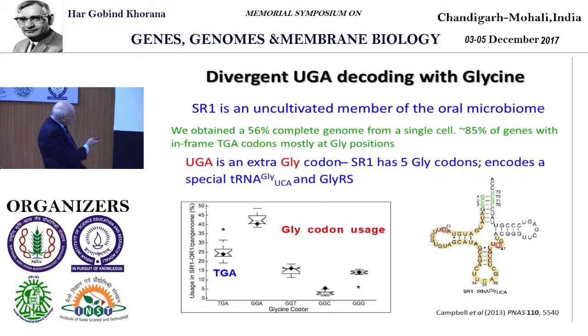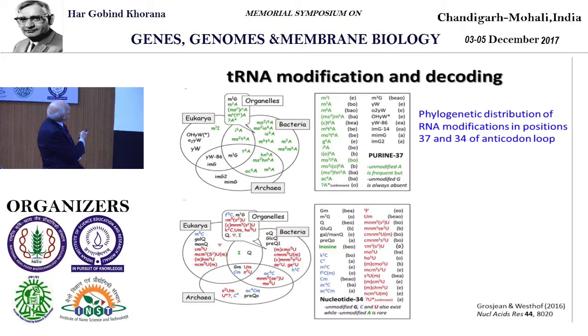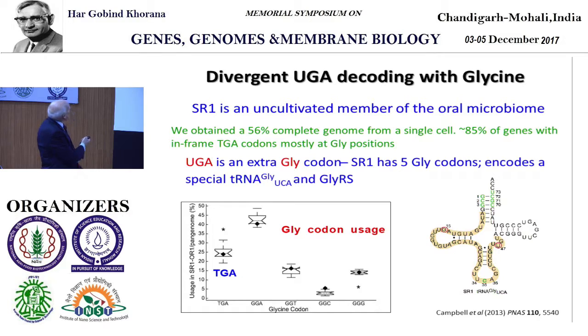This is an example that we've had more recently. SR1 is an uncultivated member of the oral microbiome. And we actually got the sequence from single cell genome sequencing, and 85% of the genes had in-frame UGA codons, mostly at glycine positions in other organisms.